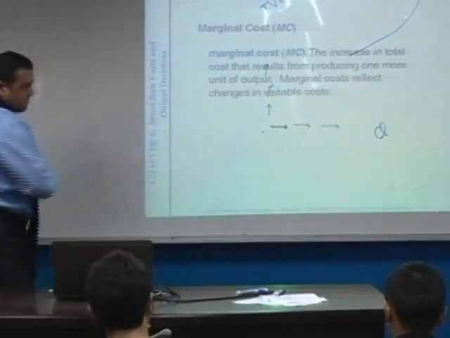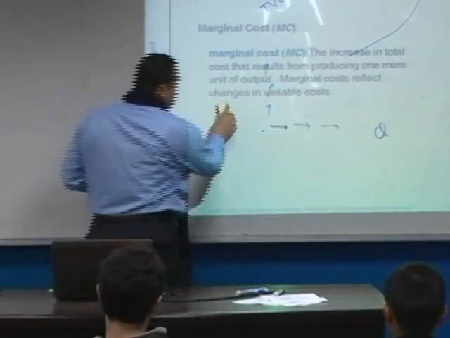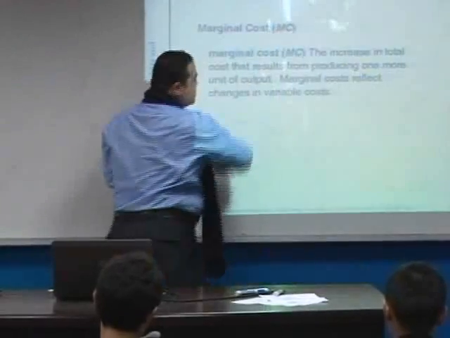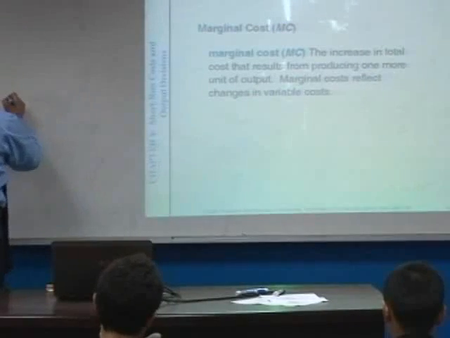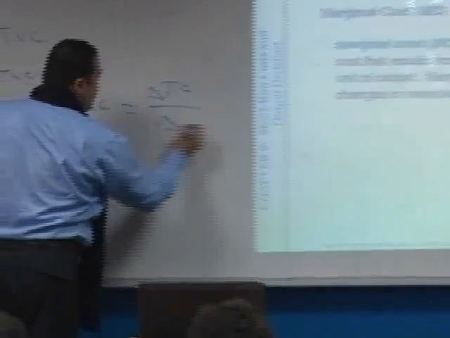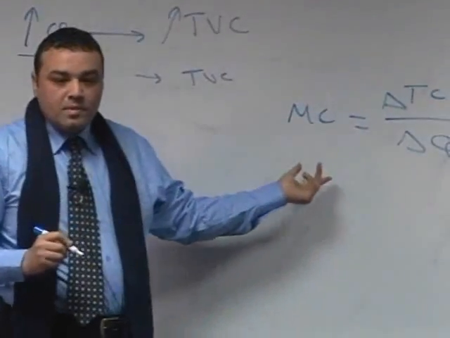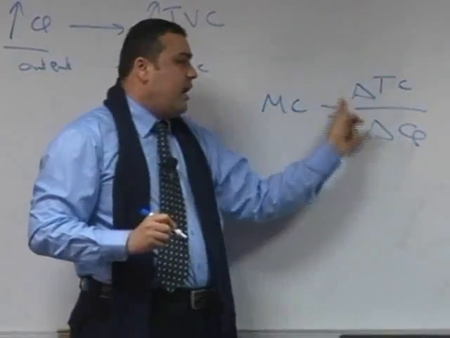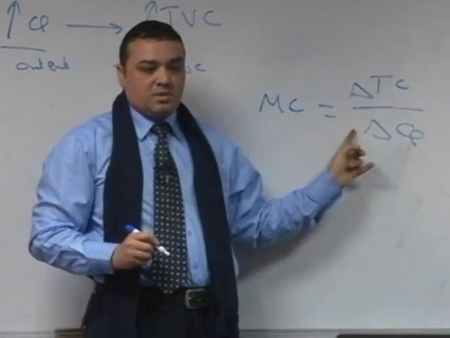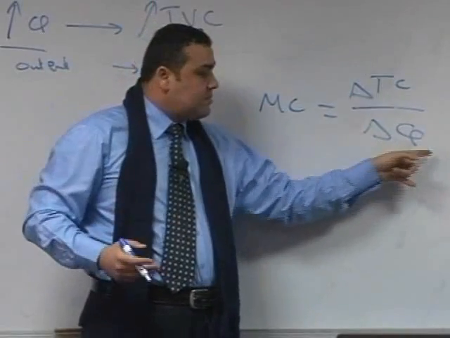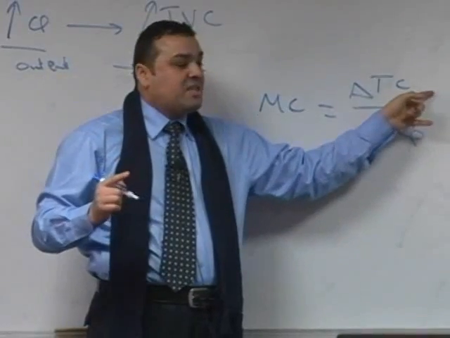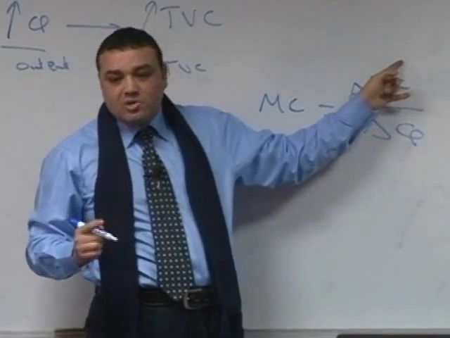So MC, the marginal cost, equals delta TC over delta Q. If we increase the quantity of production or the output by 1 unit, how much is the change in the total cost?